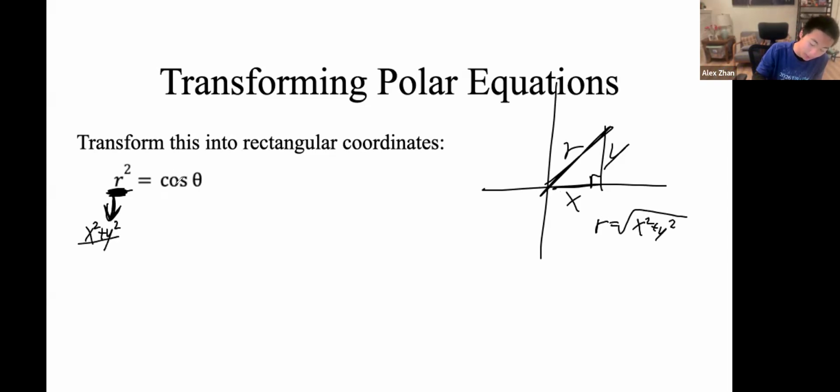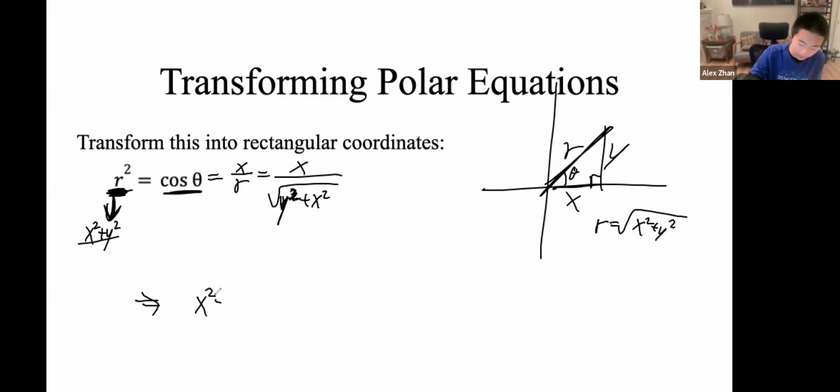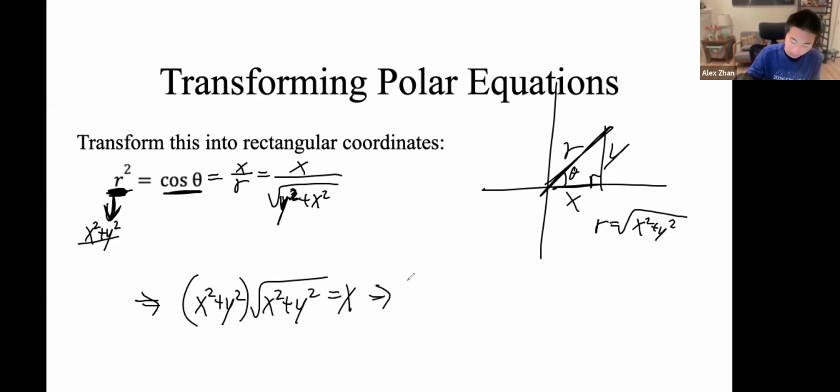Then cosine theta, remember, since this is theta, cosine theta is equal to x over r, or you can also write it as x over the square root of x squared plus y squared.